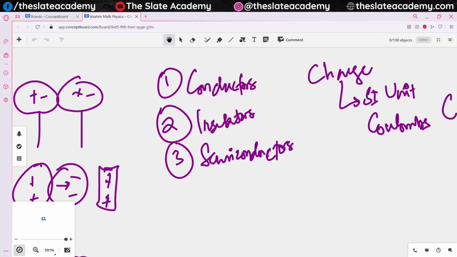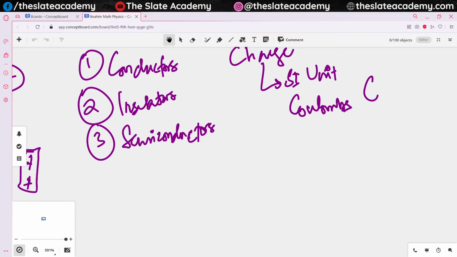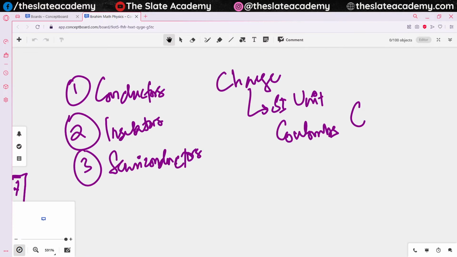Acha ji, so the unit of charge is coulombs, and if you want to understand how much charge is there on an electron, one electron has a charge equal to 1.602 into 10 to the power minus 19 coulombs. This is the charge on an electron.